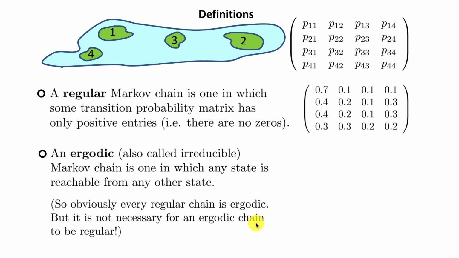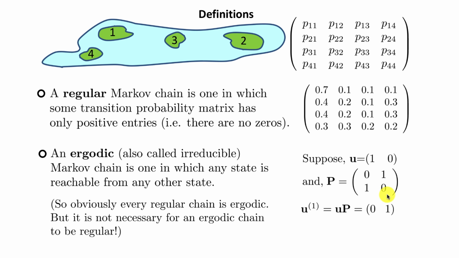Let me give you an example. Suppose that I have a starting vector which is 1, 0. Now this transition matrix has got a 0 over here and a 0 over here, and so it might seem that you're not allowed to go to any other state. But let's multiply this with P and you get 0, 1.